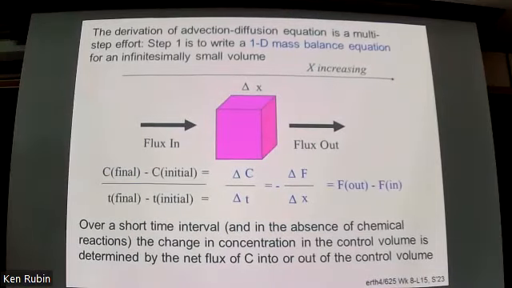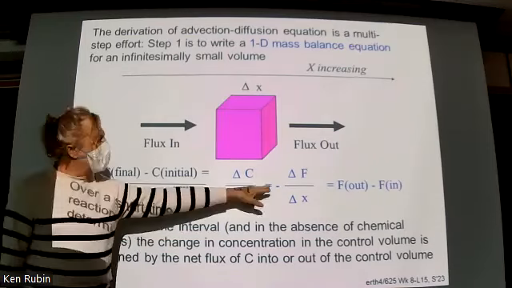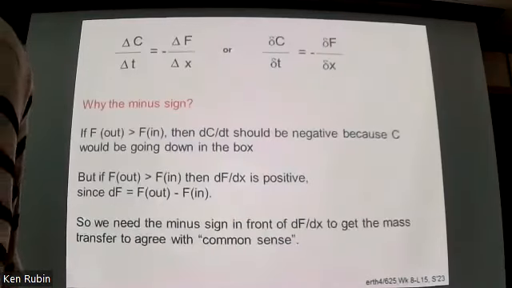And the change in flux over distance is a way of saying flux is obviously a change in concentration per time, but if we see the change in concentration per time varying as we move through our box, then there has to be some series of processes, either diffusion, advection, or chemical reaction terms that are consuming that. And it also has that negative sign because of the convention of the direction of flow.